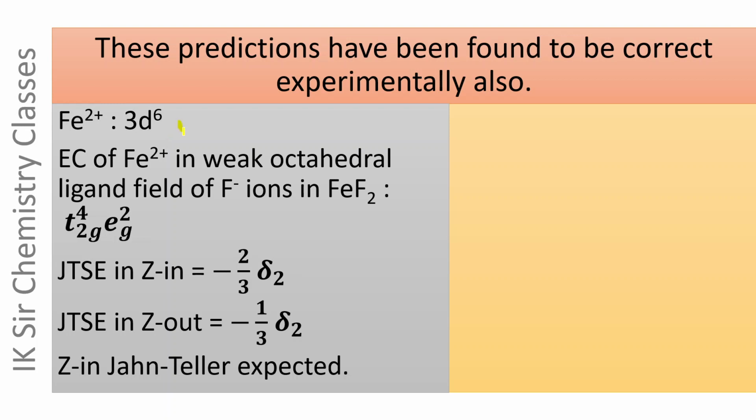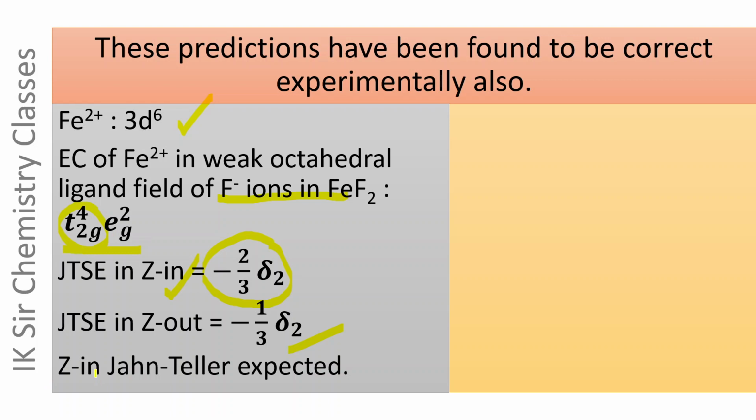Fe2 plus ion, 3d6, in the weak ligand field of F minus ions in FeF2, its electronic configuration will be t2g4 eg2. Here t2g4 is unsymmetrically filled, and its Jahn Teller stabilization energy in the Z in configuration is minus 2 by 3 delta 2, and in the Z out configuration it is minus 1 by 3 delta 2.